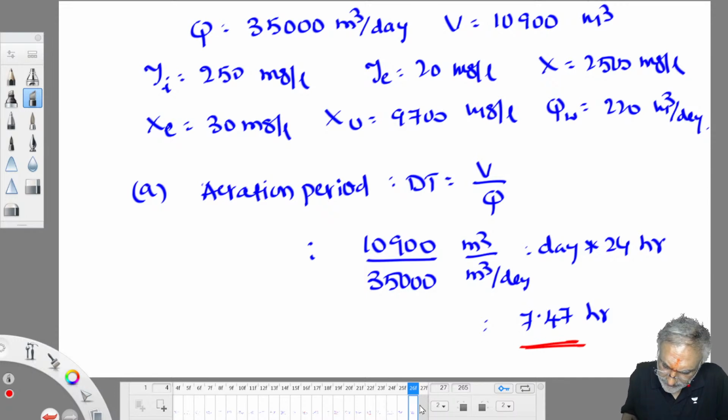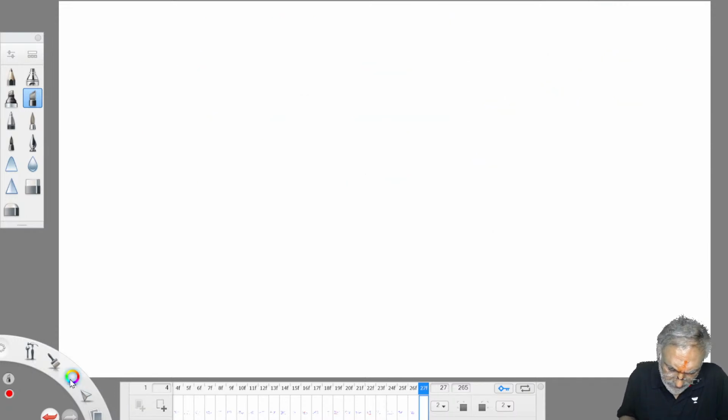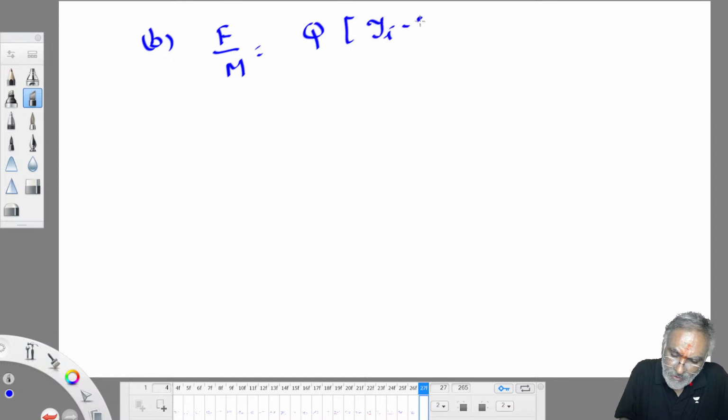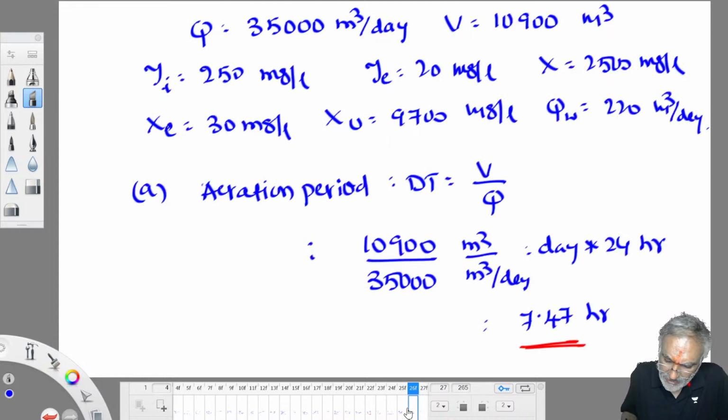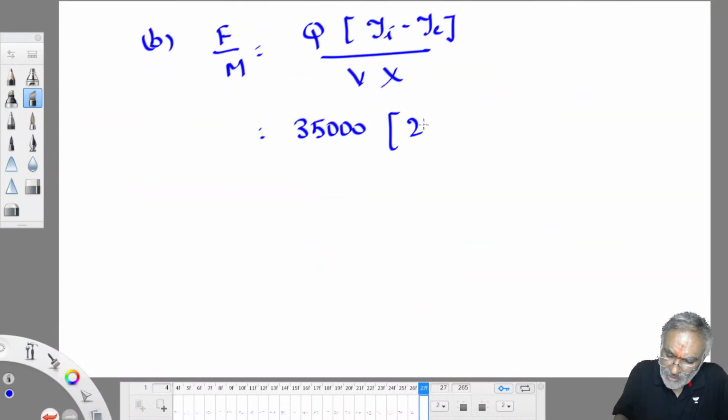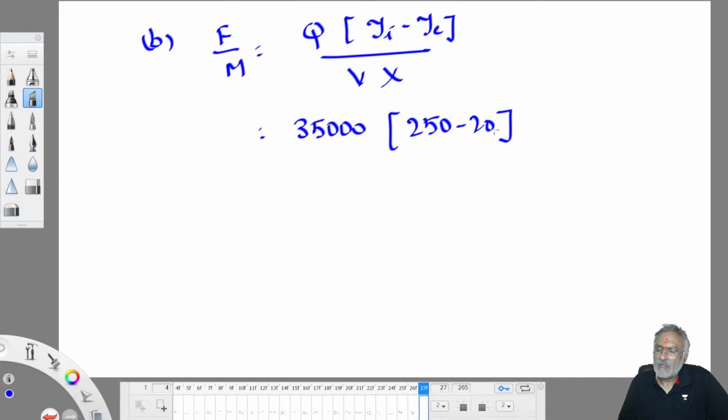Second question, B. What is B? F by M ratio. F by M ratio is equal to Q into Yi minus Ye by V into X. Q is given as 35,000, Yi is 250 minus 20. Sometimes in India, since Ye is so small, they neglect it and take it as 0.